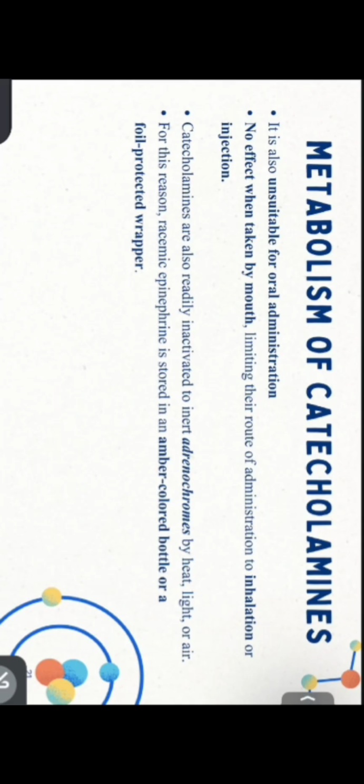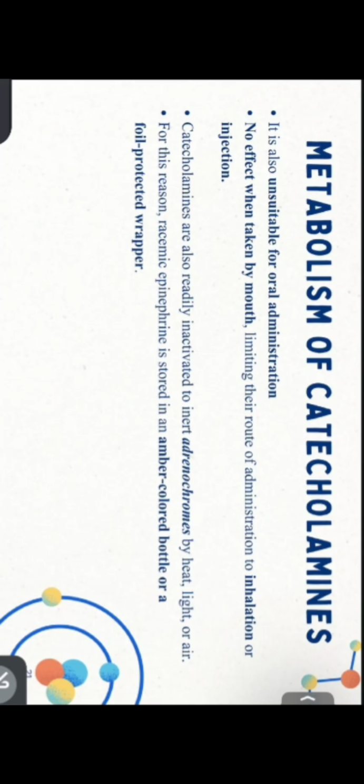Catecholamines are also readily inactivated to inert adrenochromes by heat, light, or air. For this reason, the racemic epinephrine is stored in an amber-colored bottle or a foil-protected wrapper. So, mag-focus po tayo sa third bullet. Catecholamines are readily inactivated to inert adrenochromes by heat, light, or air.